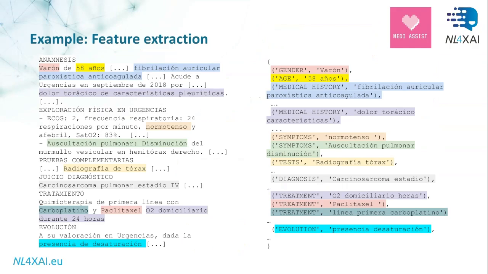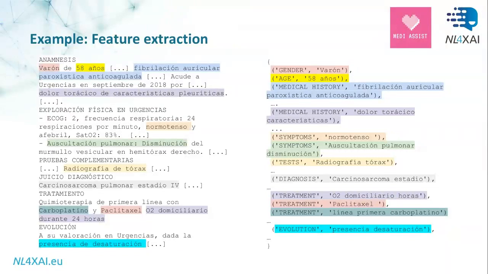As an example, here on the left you can see a patient's record, and on the right the relevant keywords that got extracted by our feature extractor related to medical history, symptoms, tests, treatment, and so on.